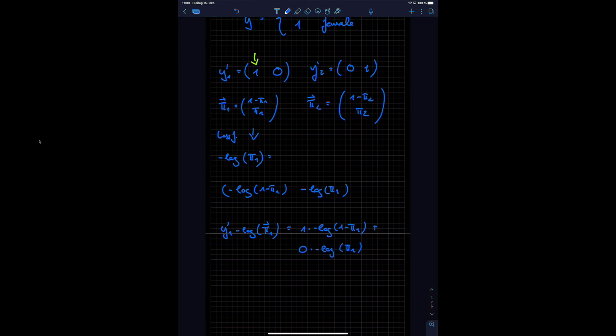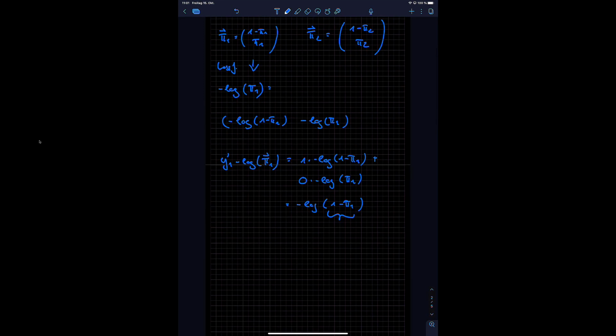Okay, and so what remains is minus log of the estimate that it is a male person. So that here is the probability estimation that we think regarding our model that we actually have a male person here.